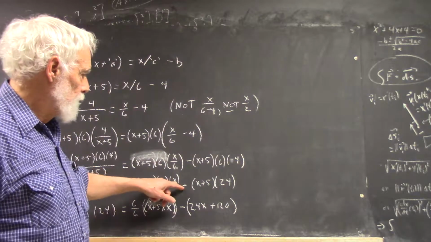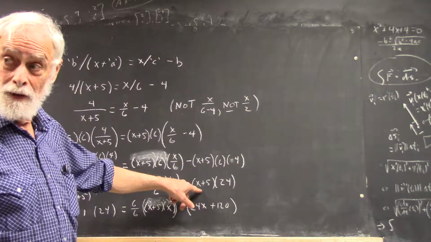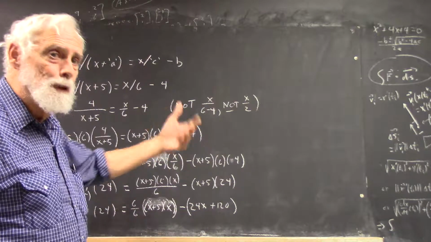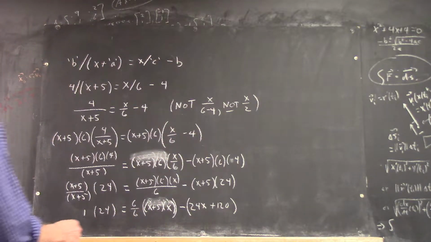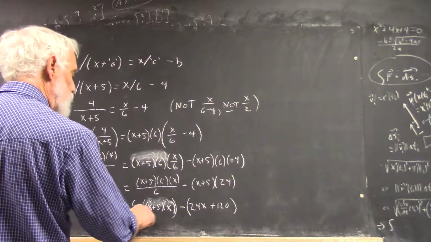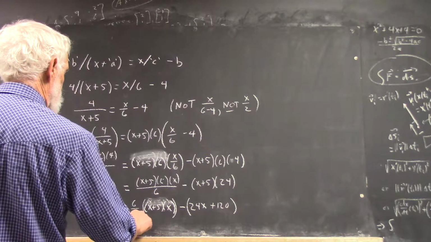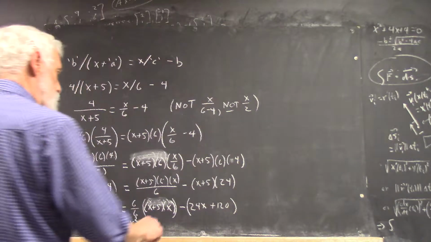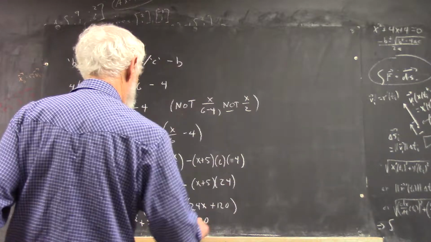I'm not going to try to distribute the negative sign at the same time I distribute multiplication by 24, because I'll tend to write minus 24x plus 120 or something. Okay? And this is 24, and this is 1 times this, so I'm going to skip a couple of steps here since I've illustrated it already. That's x squared plus 5x minus 24x plus 120.